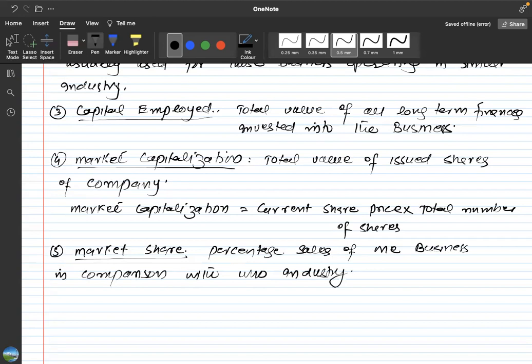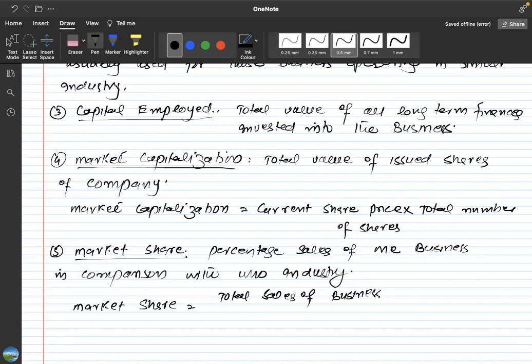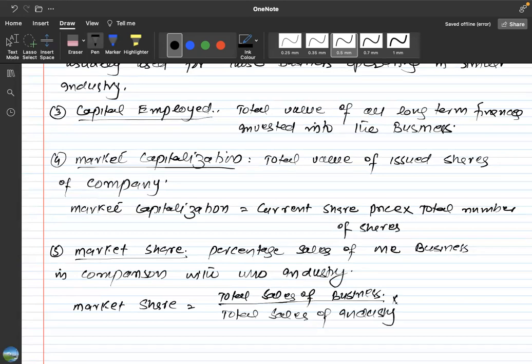And it can be calculated by the formula: total sales of the business divided by total sales of the industry, multiplied by 100.